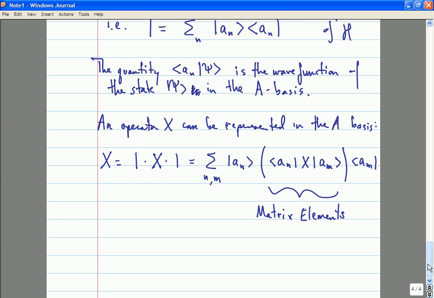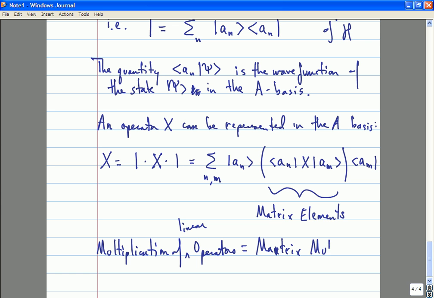And now there's a reason why I'm using the word matrix here, which is that multiplication of linear operators in this basis is equal to the usual matrix multiplication, as you are familiar with from your linear algebra classes.